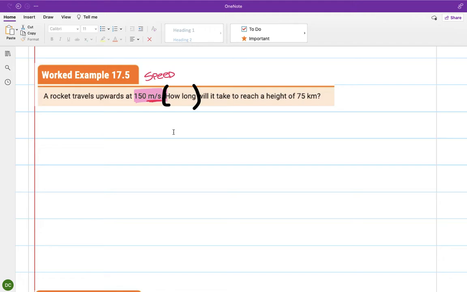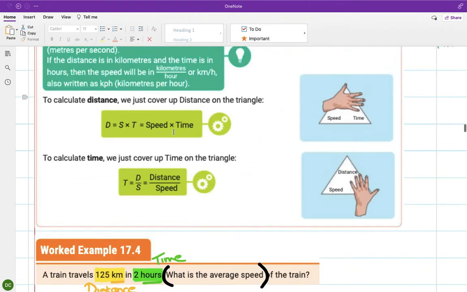So that's time is what we're looking for. And then to reach a height of 75 kilometers. So again, the kilometers will help you decide that that is a distance. Okay, so the speed is 150, the time is what we're looking for, and then the distance is 75. Is that all right? So time is what we're looking for, so let's go figure out our formula.